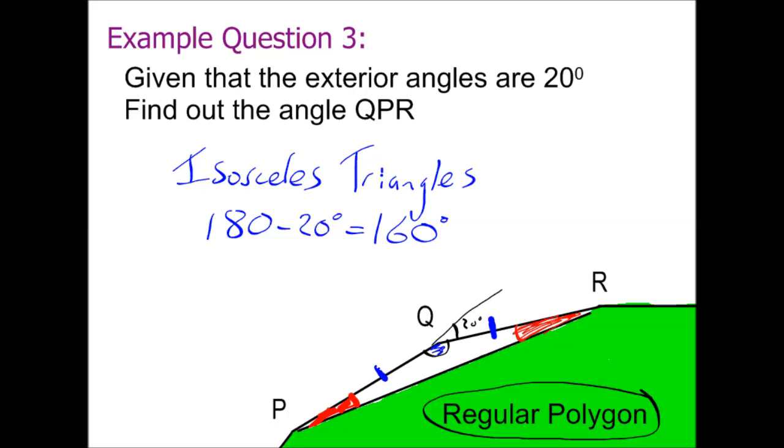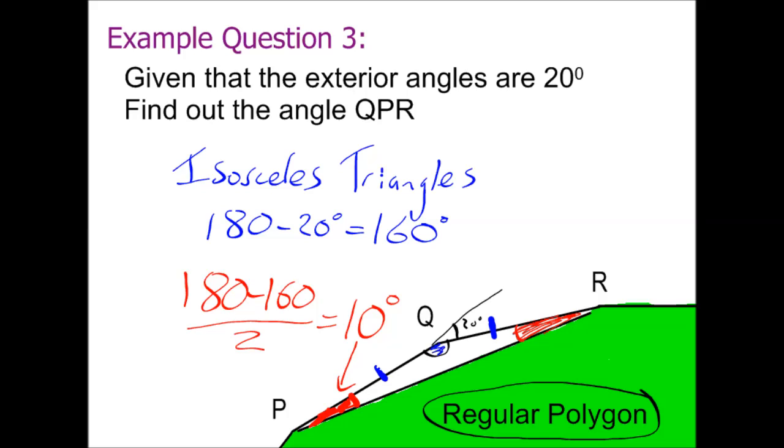To find out what the red bits are, we need to take 180, take off the 160, and then divide the result by 2, because both those angles are the same. If we carry out that calculation, we end up with 10 degrees. So QPR, that angle there, is going to equal 10 degrees. So we use a mixture of the knowledge we have and the fact that this gives us an isosceles triangle in order to help us out.